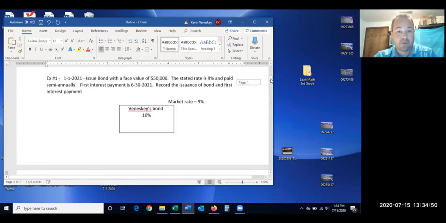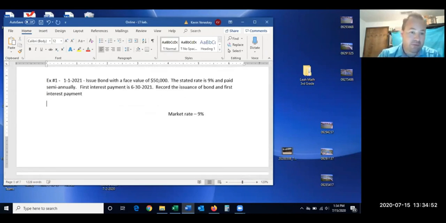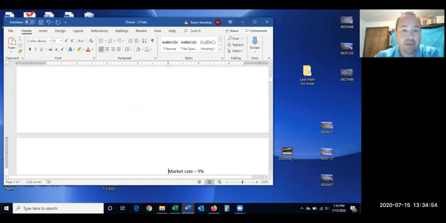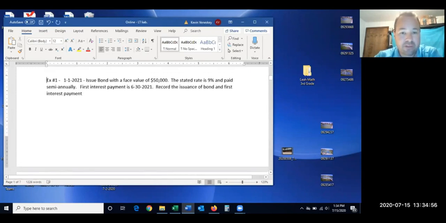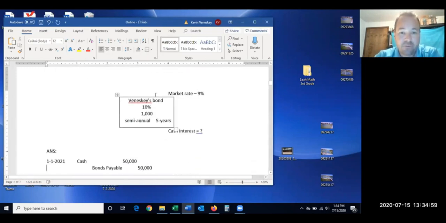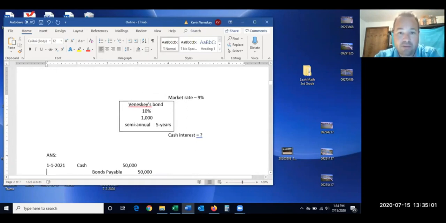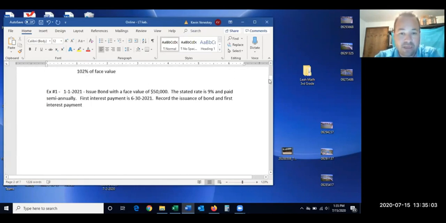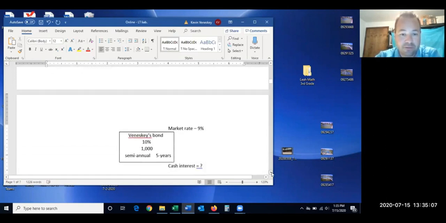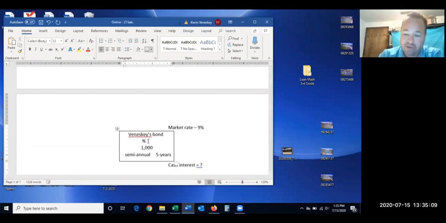All right, I'm going to bring everything down so it's easy to see. All right, we got a bond value of $50,000, and it's selling at face value. So that means that the market and the bond rate are the same. They're both at 9%. So let's put in those amounts that we know right now. We've got a 9% bond, market rate 9%. This is 50,000.